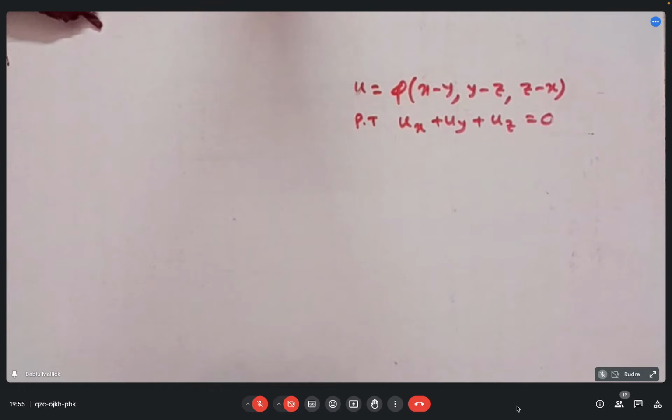That is, del u del x plus del u del y plus del u del z is equal to 0.